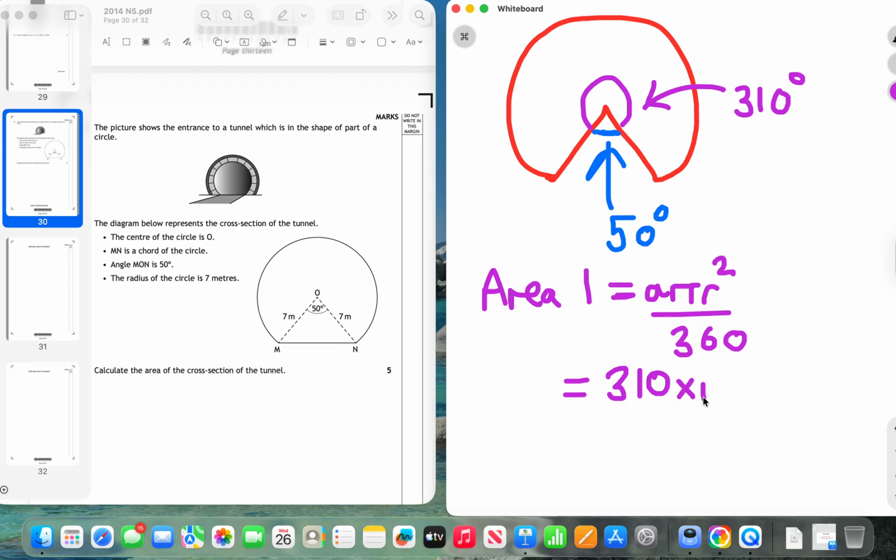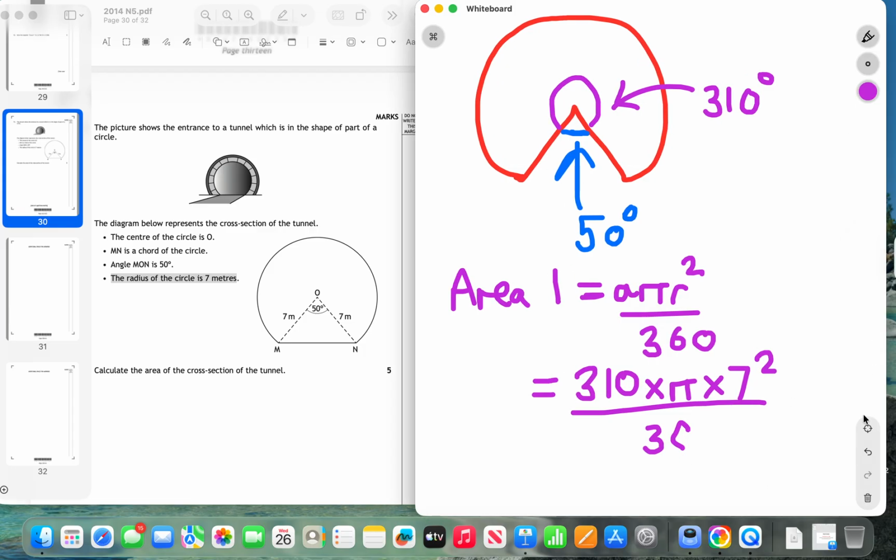You just put pi into the calculator. The radius is, in the question it says, if you look at the 4th bullet point, the radius is 7 meters. So we're going to multiply by 7 squared divided by 360. Now, you won't be given this formula in the exam, so you need to learn it.